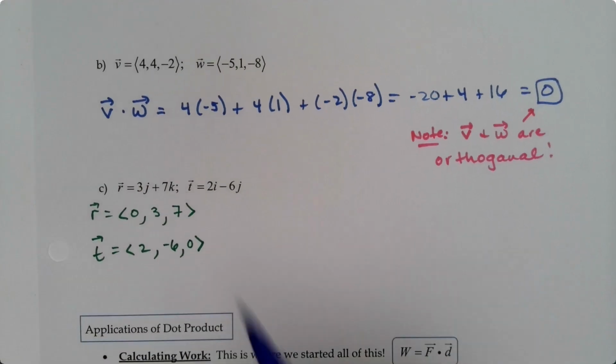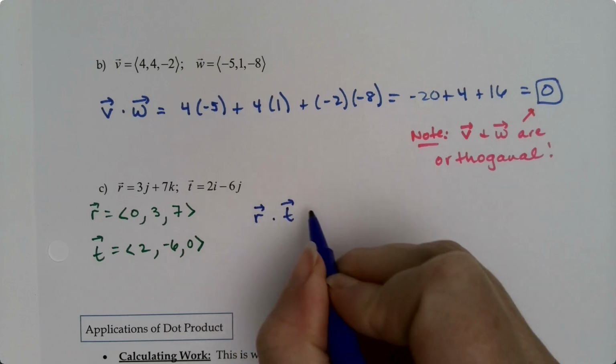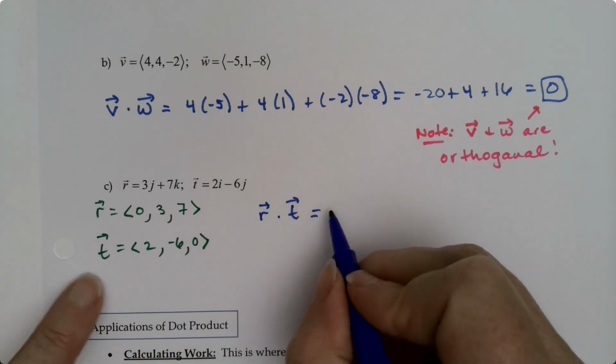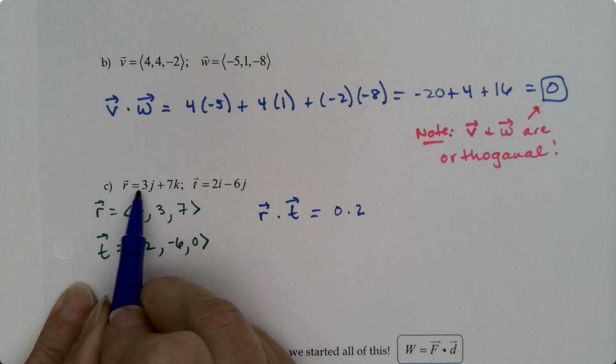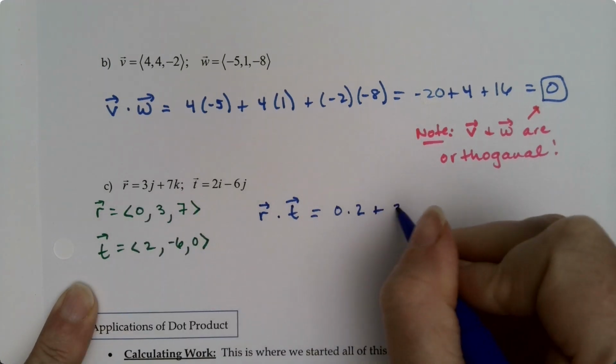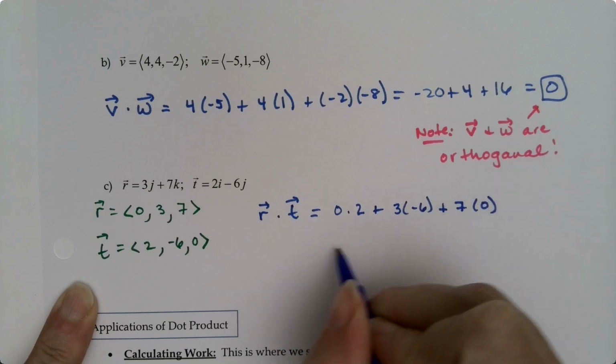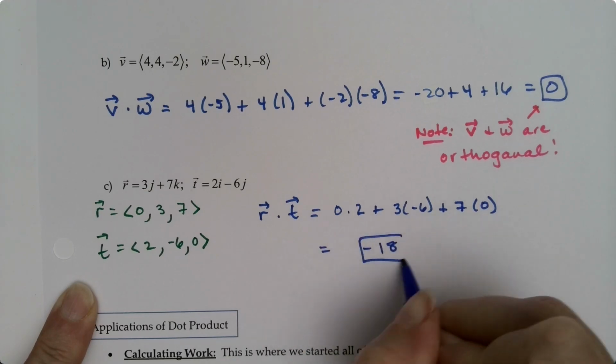So when we do the dot product, we take 0 times 2, because there's no i component, plus 3 times negative 6 plus 7 times 0, which ends up being negative 18.